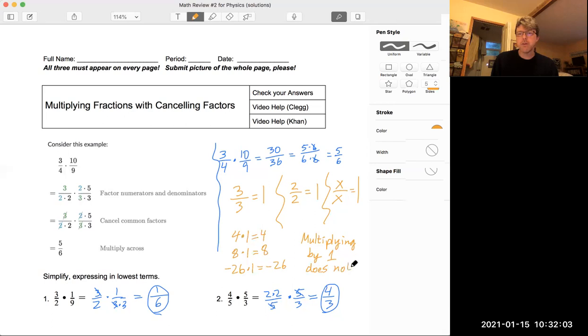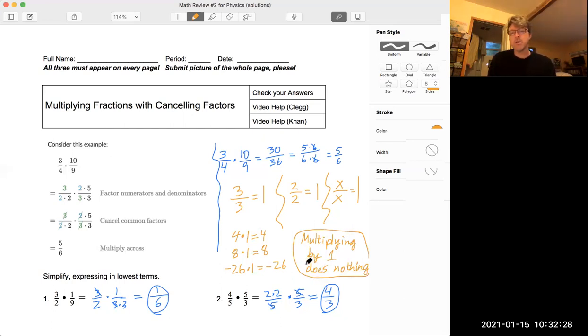And that is important because we can use that. Multiplying by 1 does nothing. So 1 is actually known as the multiplicative identity. It's the only number in the universe that has this property. If you multiply by it, nothing happens. That's a pretty cool trick, actually.